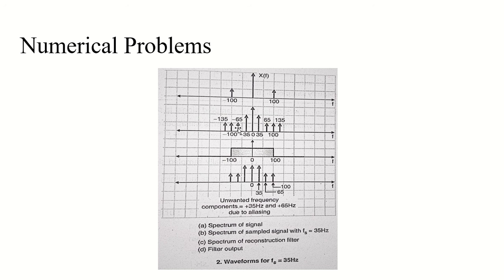And again, make sure to make it symmetrical. When you apply the filter, you will cut out other frequencies. You will be left with only these frequencies, and these frequencies would be the unwanted frequency components, right? Plus 35 hertz and plus 65 hertz would be the unwanted frequencies, also 100 hertz as well. These would be unwanted frequencies which are getting generated because of aliasing.